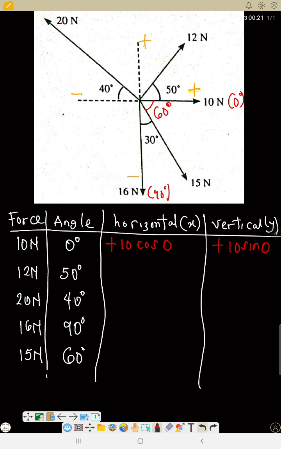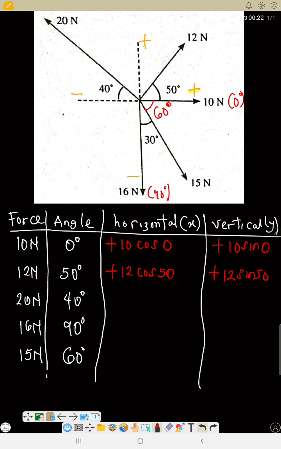For 12, moving it to the horizontal is plus. Moving the 12 again to the vertical is also plus. So that is also plus, plus. That will be plus 12 cos 50, plus 12 sin 50.